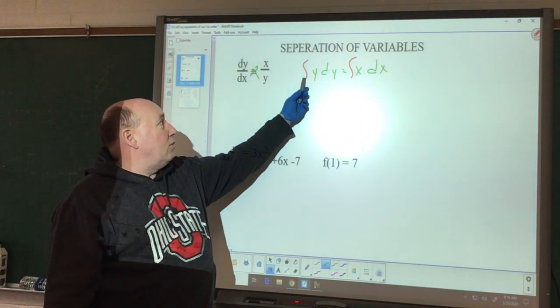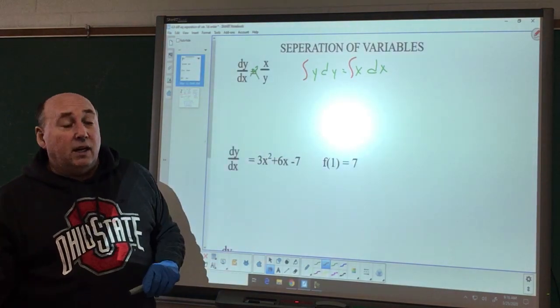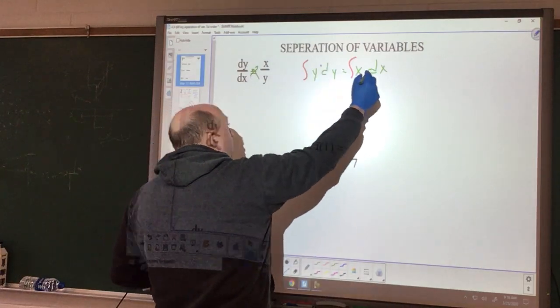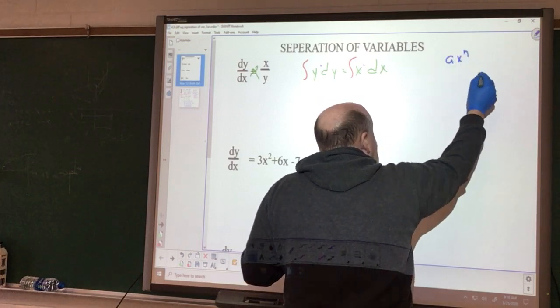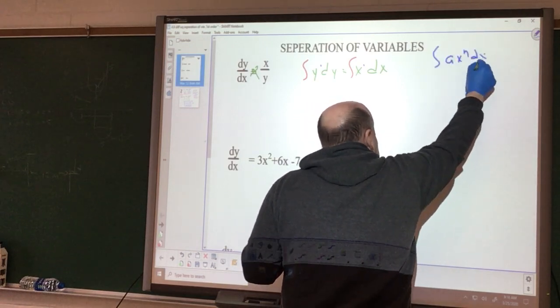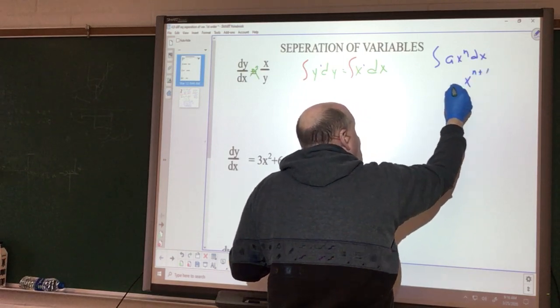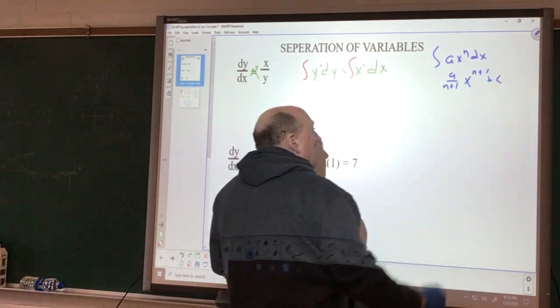So we have the antiderivative of y dy is equal to the antiderivative of x dx. So using our properties, if we have ax to the n dx, we have x to the n plus 1, and then a over n plus 1, plus c.